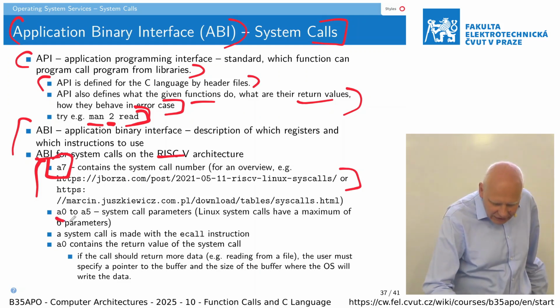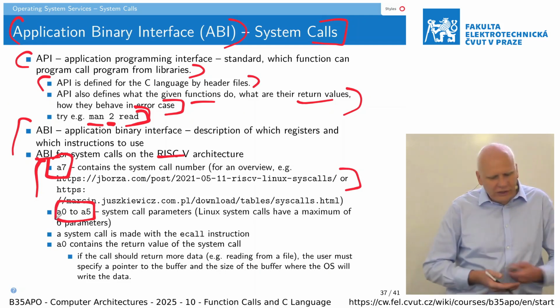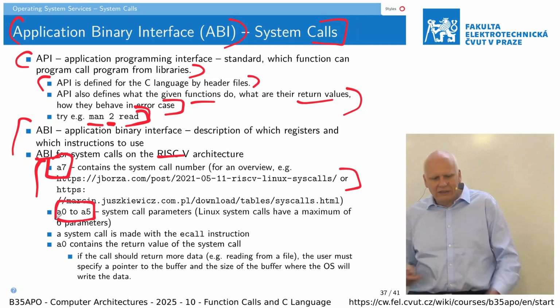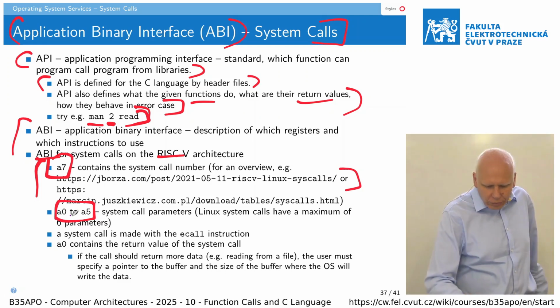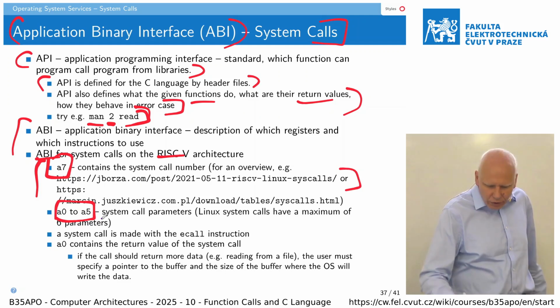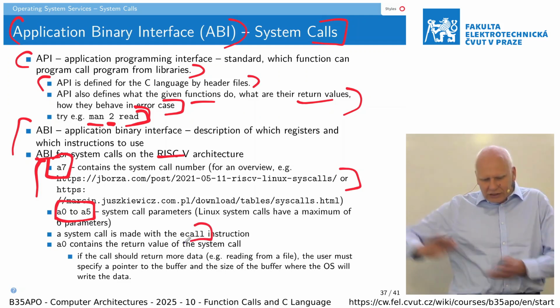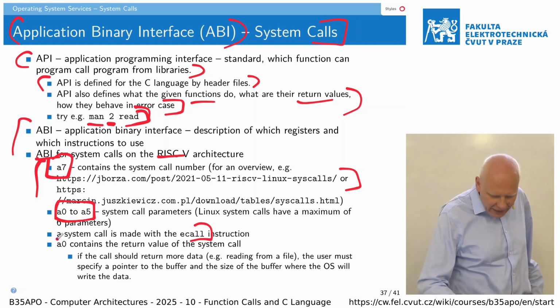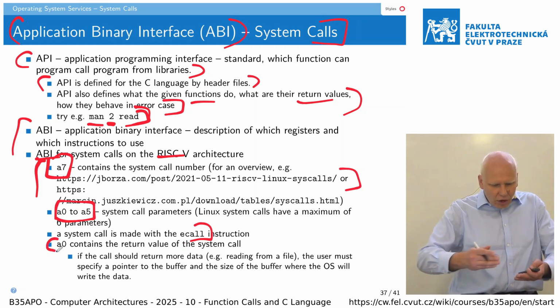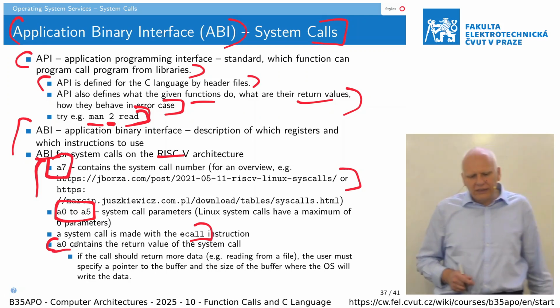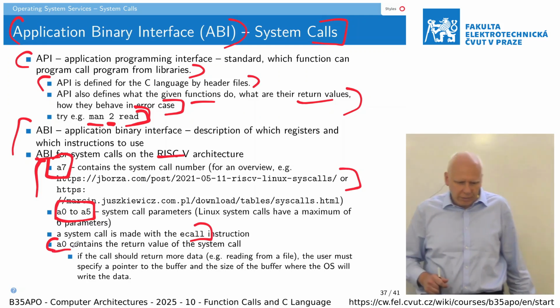And then in the case of RISC-V, it is really easy, because exactly the same way as you call a function, you put the arguments into the registers, and then you invoke the eCall instruction. It switches to the kernel, and at the end, when your code continues after the eCall, A0 contains a return value from the operating system.